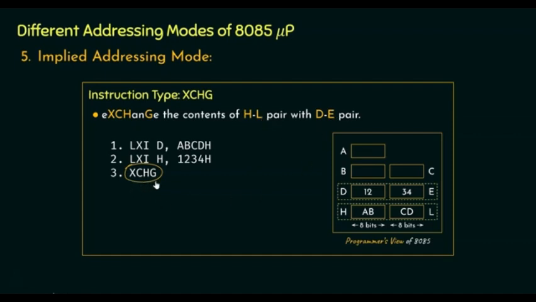However, seeing this instruction, the microprocessor will inherently know what is trying to be implied by this instruction. That is, the microprocessor will have to exchange the contents of these two register pairs. So these kind of instructions fall under the category of implied addressing mode.